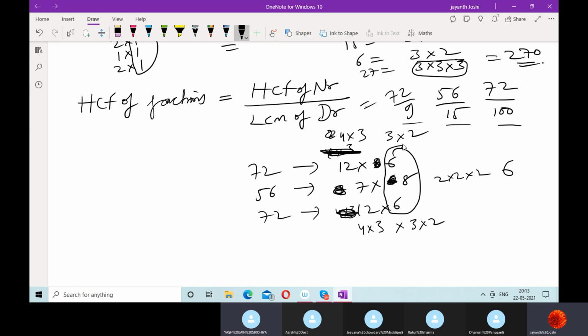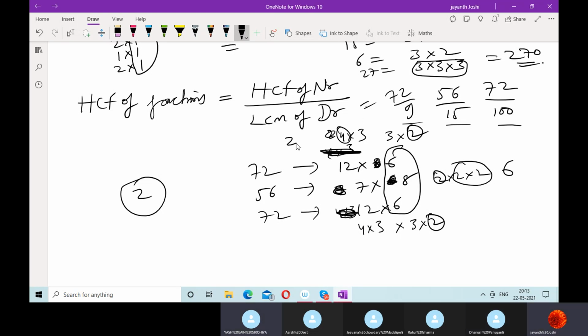So in this, 2 is common. According to me, you will not get any other factors. 2 is the HCF in them. Can you take any other number? 3 is not there in this, so I'll rule it out. And 4 is there here, and even here 4 is there. Correct?